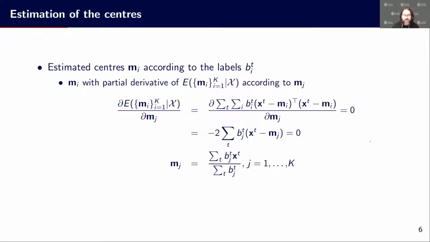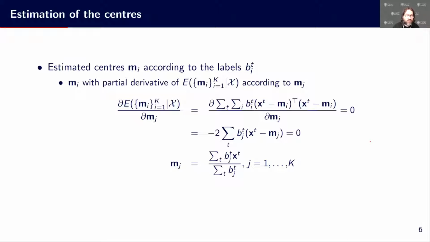MJ is equal to the sum over all samples T of BJT xt. So remember that BJT is set to 1 only when data xt is assigned to center MJ.